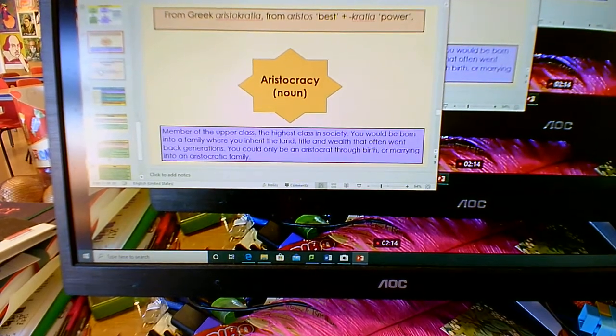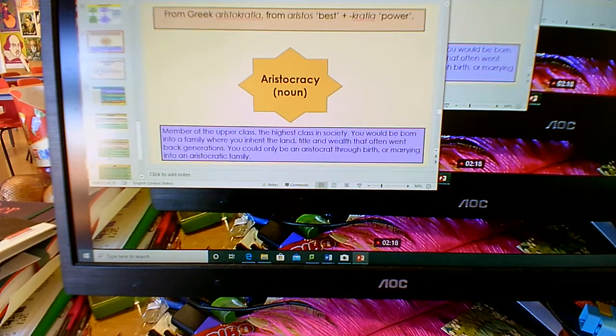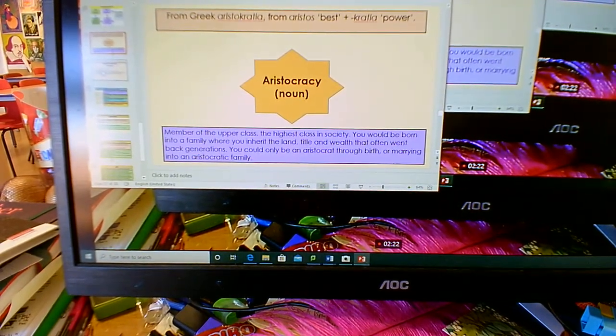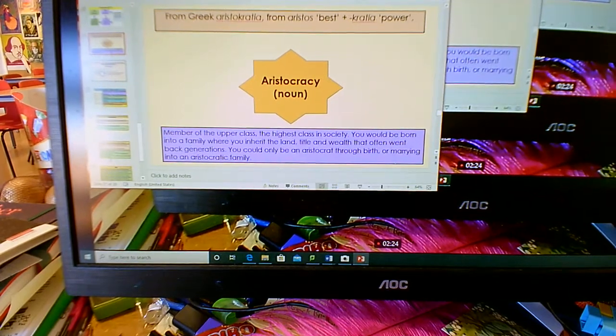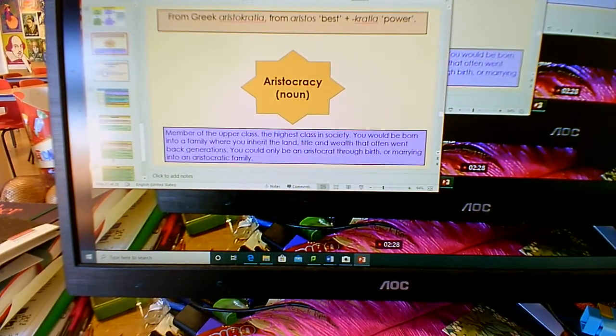You could also be given a knighthood from the Queen or King, but this would technically make you a member of the aristocracy, but your status wouldn't be as high as someone who was born that way.